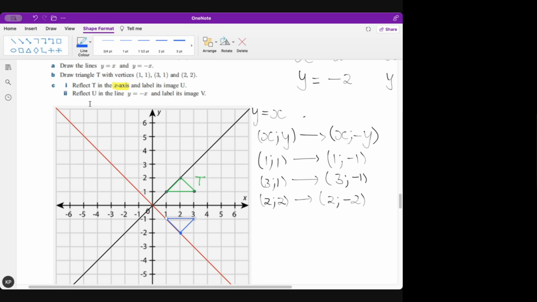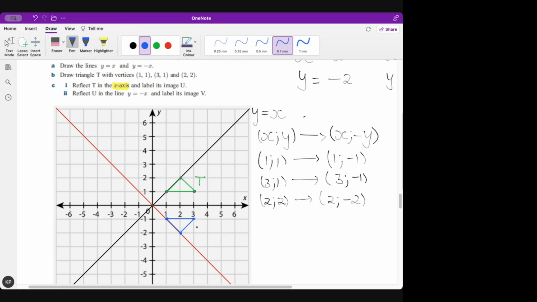There is my new triangle, which we have been told to label triangle U. Okay, and then the second instruction says reflect U. So we're reflecting this triangle in the line y is equal to negative x and label the image as V.